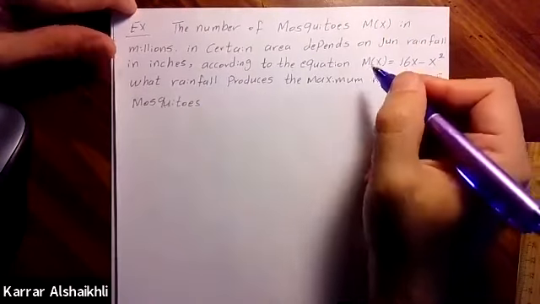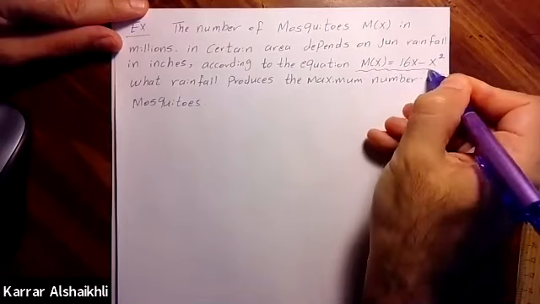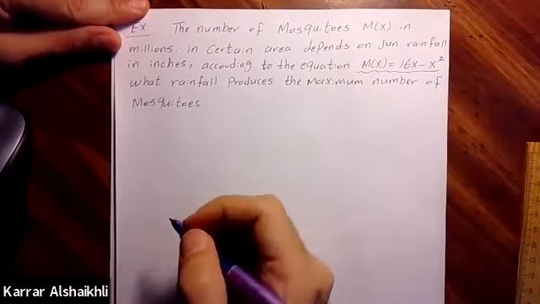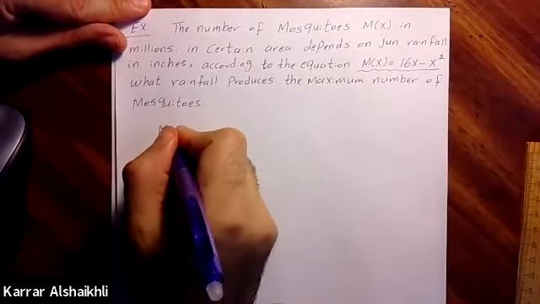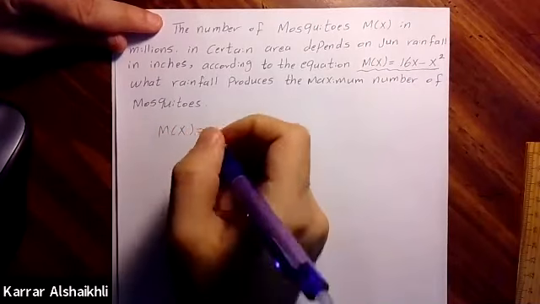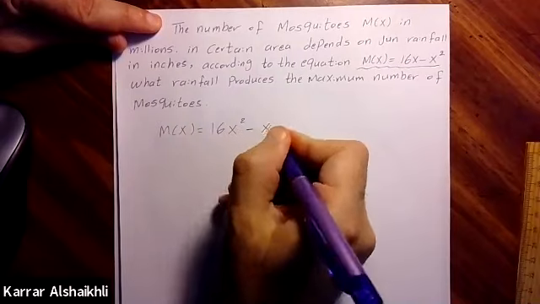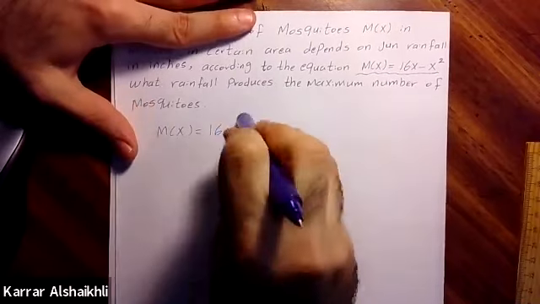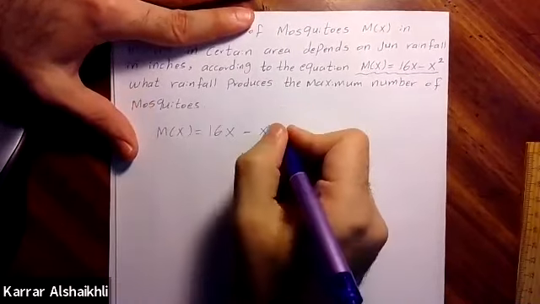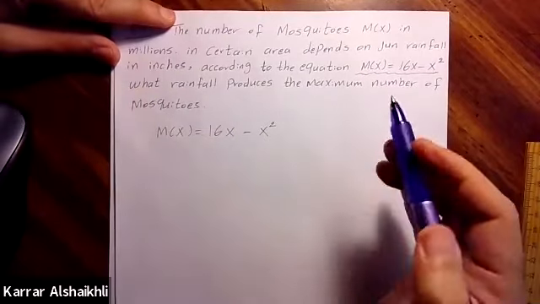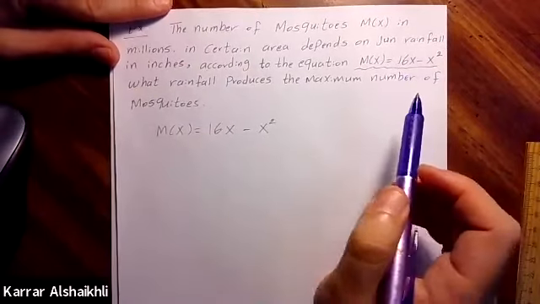So here's the first thing I need to write down: M of x equals 16x minus x squared. You see, this is the first thing I'm going to write down.